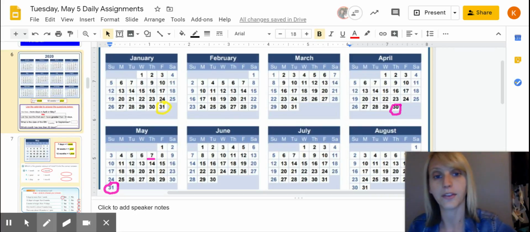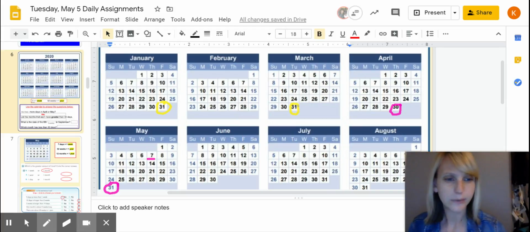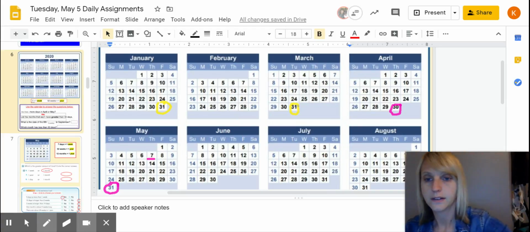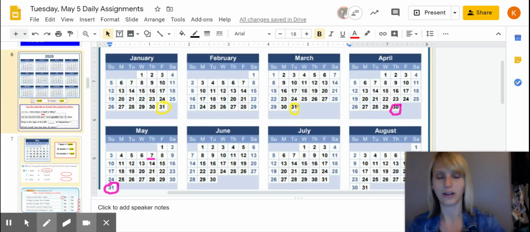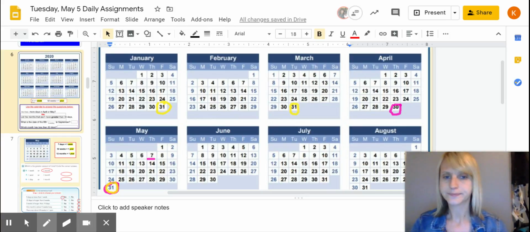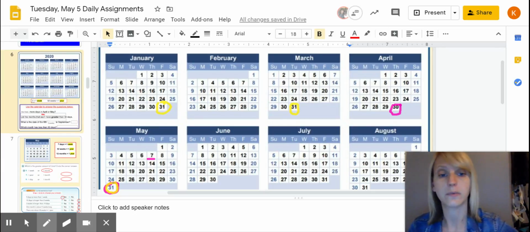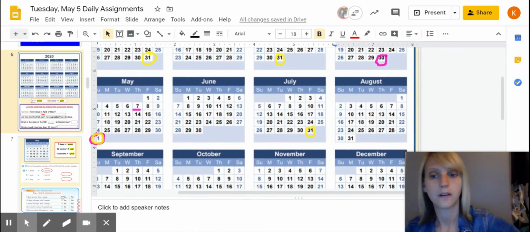March, greater than 30. April, no, right at 30. Okay. May, my birth month, has greater than 30. I'm going to go ahead and circle that in yellow too. Okay. June, 30 days. July has 31 days. And then I'm going to scooch it up a little bit.